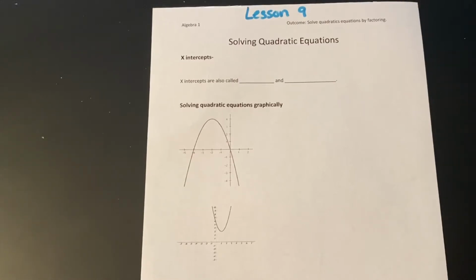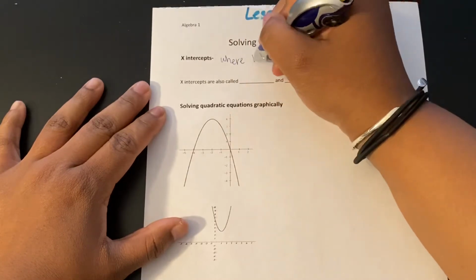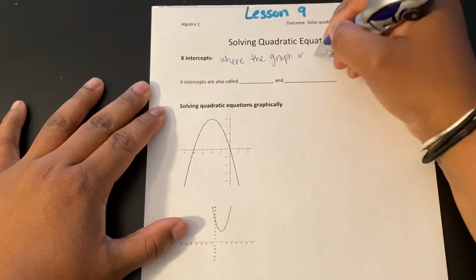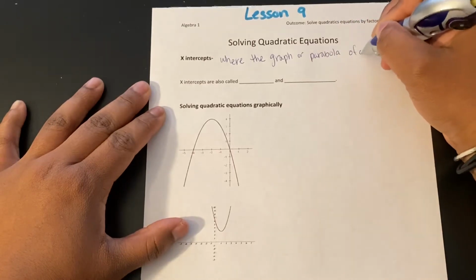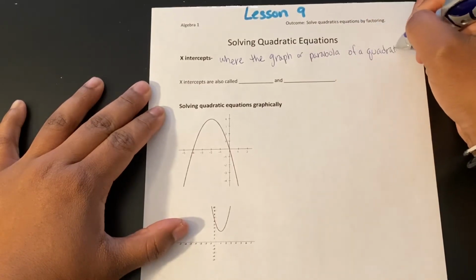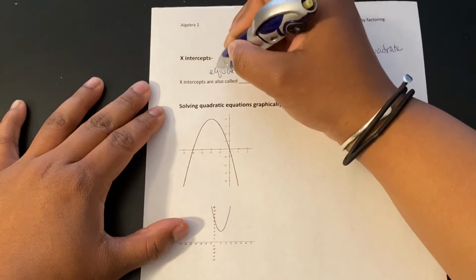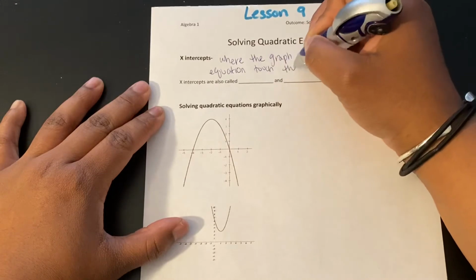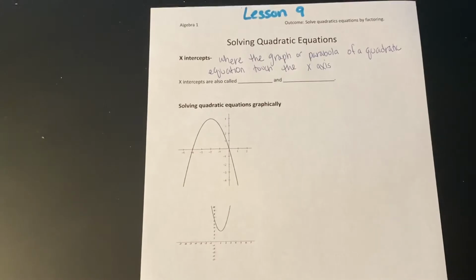The x-intercepts of a quadratic are where the graph or parabola of a quadratic equation touch the x-axis. So it's basically where the graph intersects the x-axis.